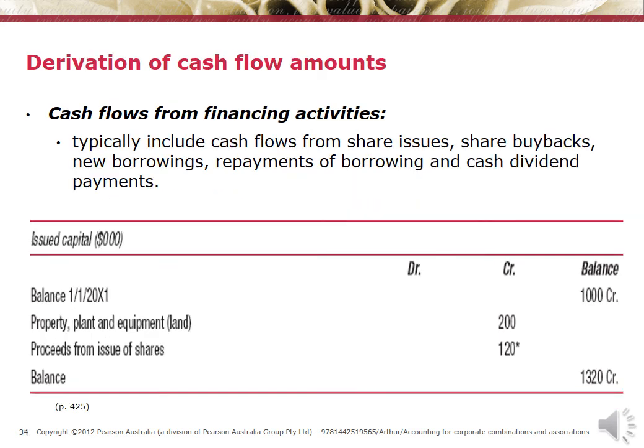Now looking at the cash flows from financing activities, and these typically include cash flows from share issues or buybacks, new borrowings or repayments of borrowings, and cash dividend payments.